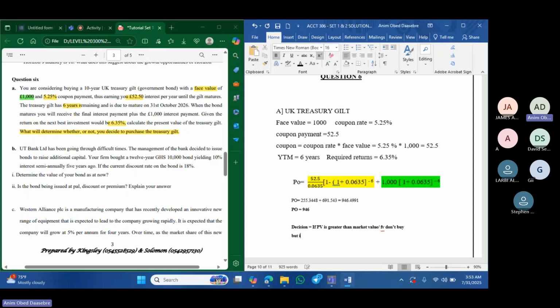But if present value is lower, or less than market value, then buy. So that will be the decision rule.